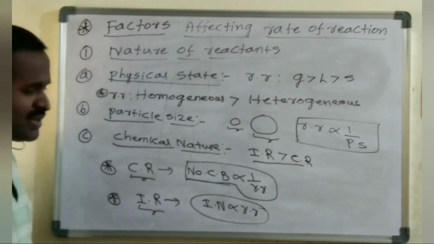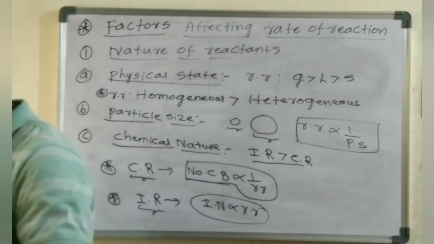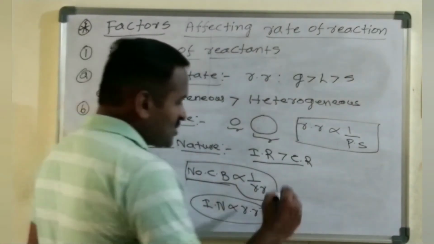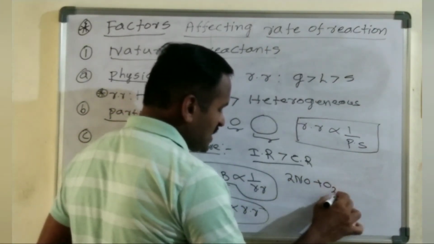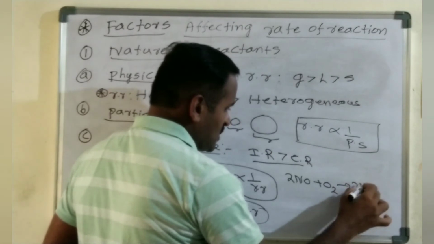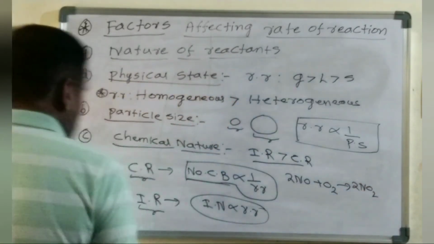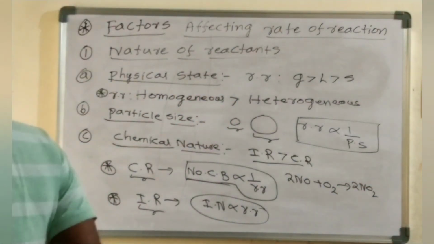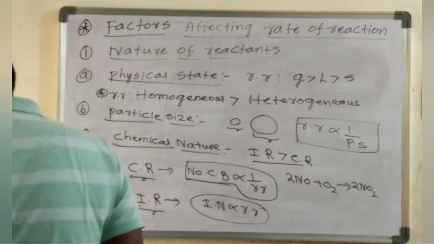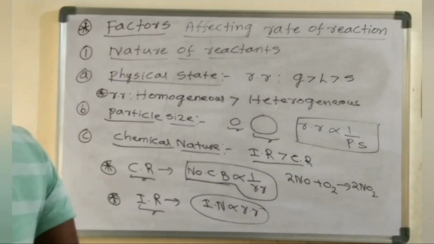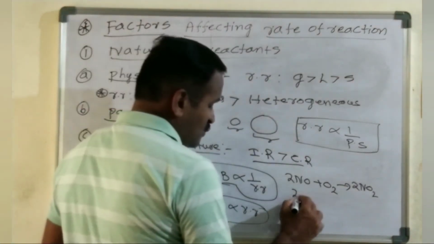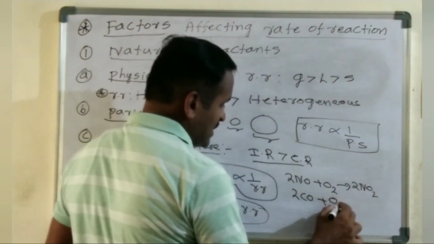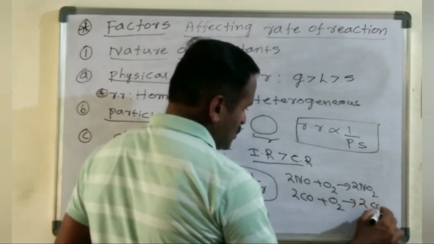Okay, suppose I take one example here to understand this: 2NO plus O2 gives rise to 2NO2. That is one reaction, or you can take 2CO plus O2 gives rise to 2CO2.